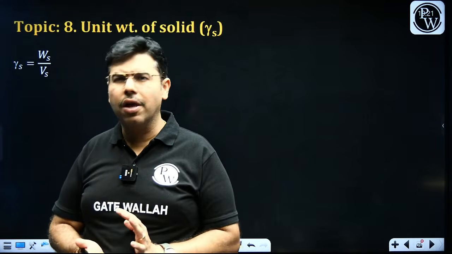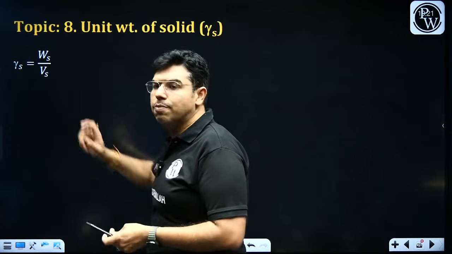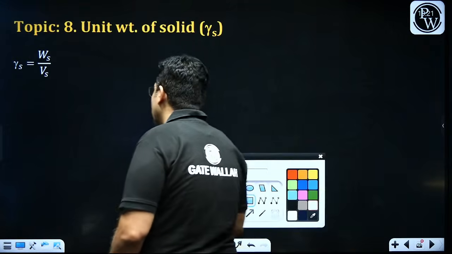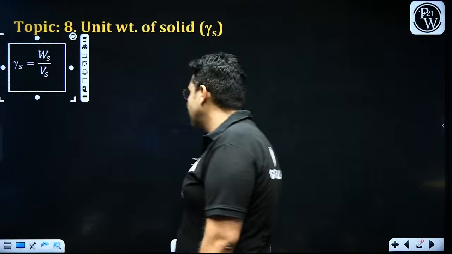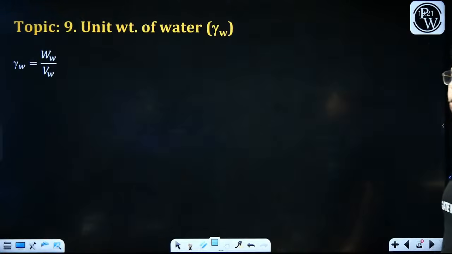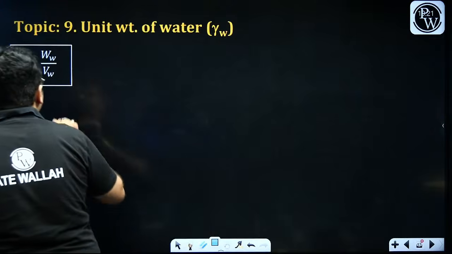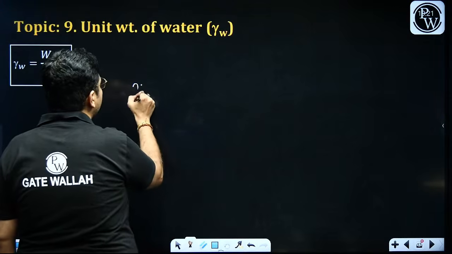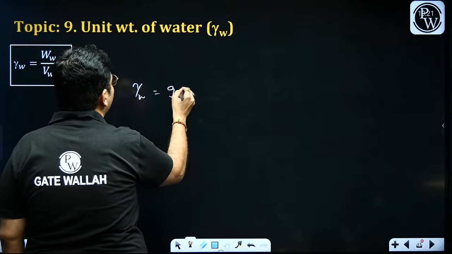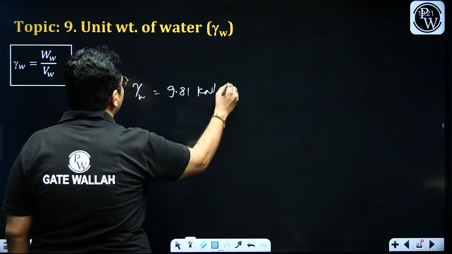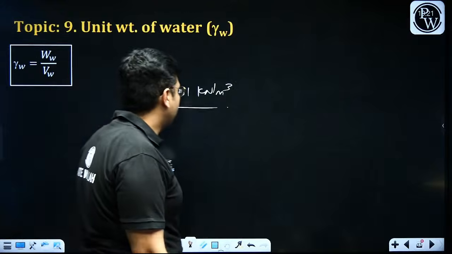It is simply weight of solids by volume of solids, that is gamma S. Next is unit weight of water, that is gamma W is equal to weight of water by volume of water. And if nothing is given, you will always take gamma W as 9.81 kilonewton per meter cube, as simple as that.